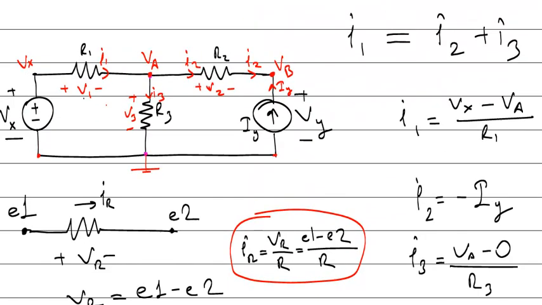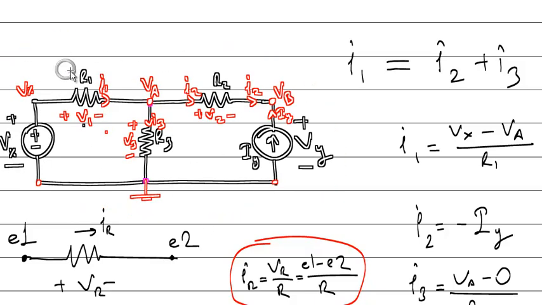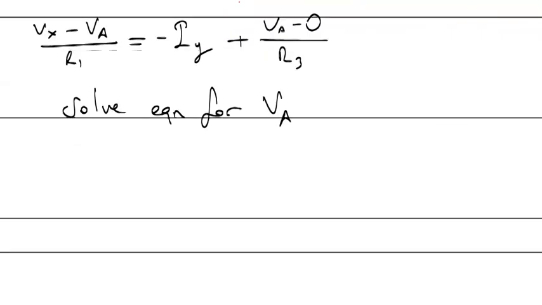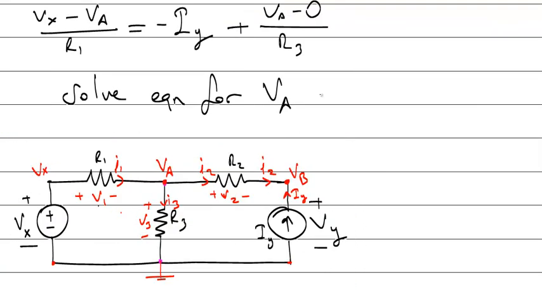So, after finding VA, I know the current of this resistor. Can I find VB? Let me copy that circuit and try to find VB. I have calculated VA. That's it. What's VB? VA is equal to VB plus V2. How can I write this?